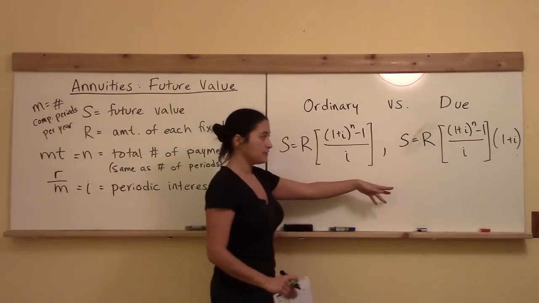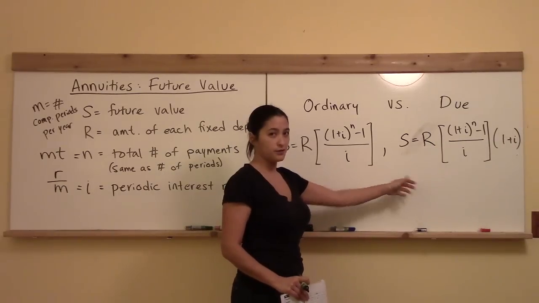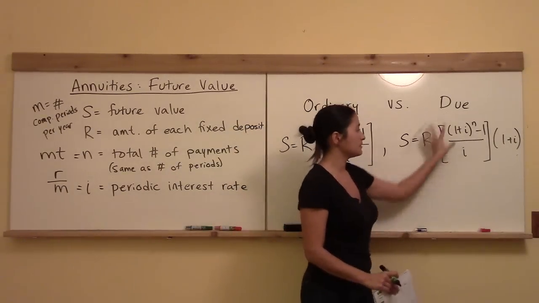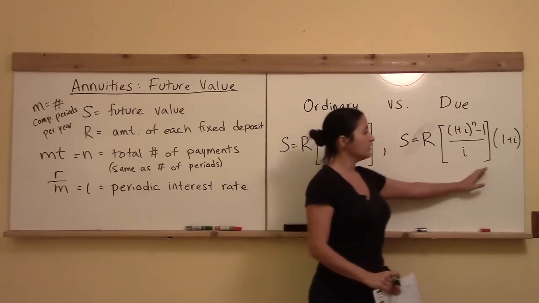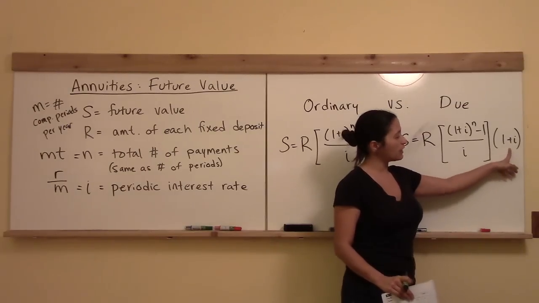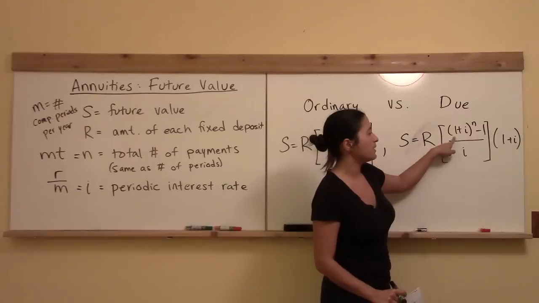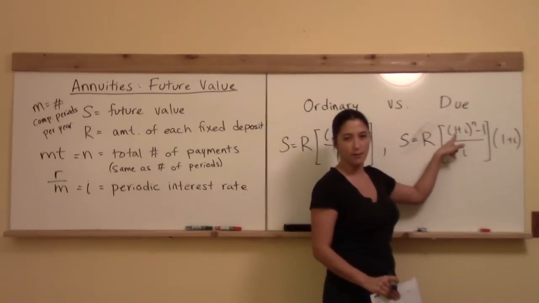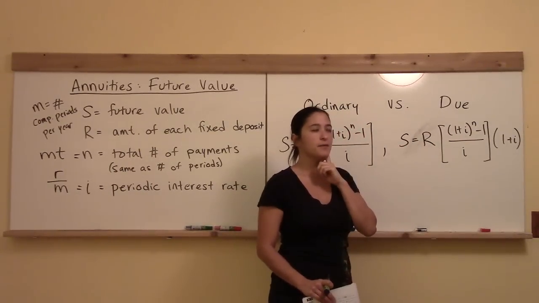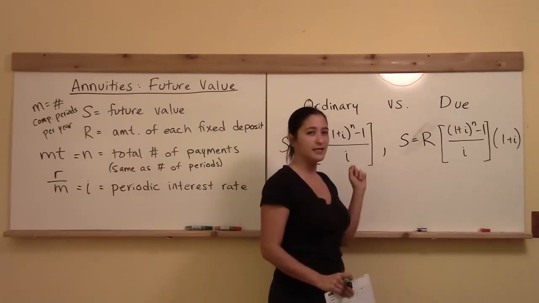If you happen to have an annuity due, where you're putting in your deposits at the beginning of each period as opposed to at the end of each period, the only difference, since you see the same exact bracketed fraction here, is that you multiply by an extra 1 plus i. You can see 1 plus i is actually the base that I'm raising to n, the number of compounding periods. You can just think about that for a minute. An annuity due says that I put the money in at the beginning of the period.